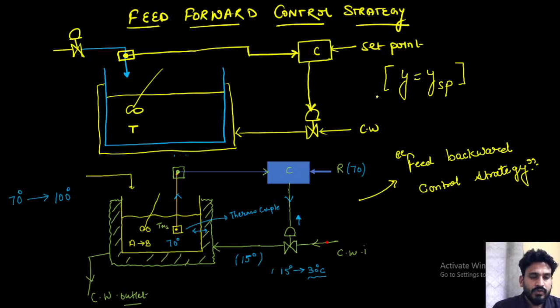So the important aspect of the feed forward control strategy is to calculate its transfer function. So just try to understand the block diagram of the feed forward, and after that we will calculate the transfer function for that.